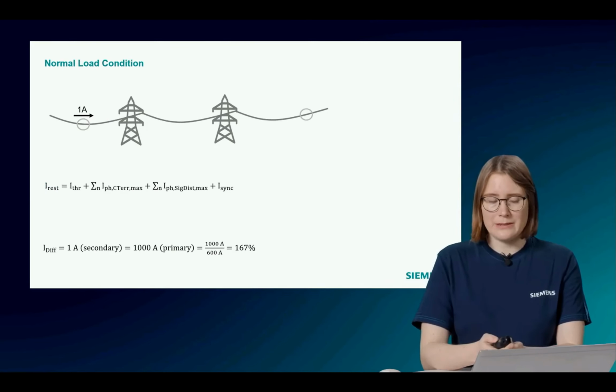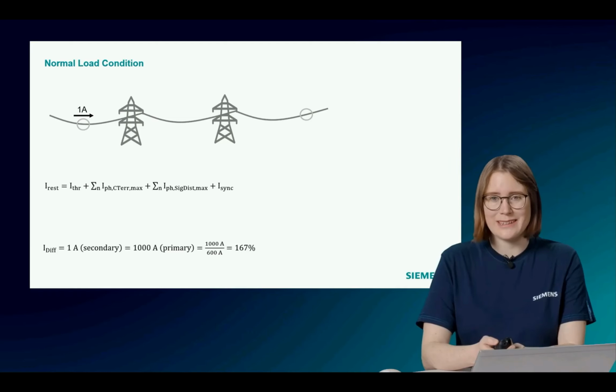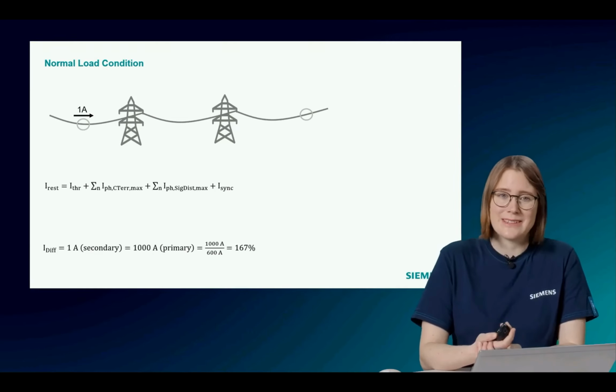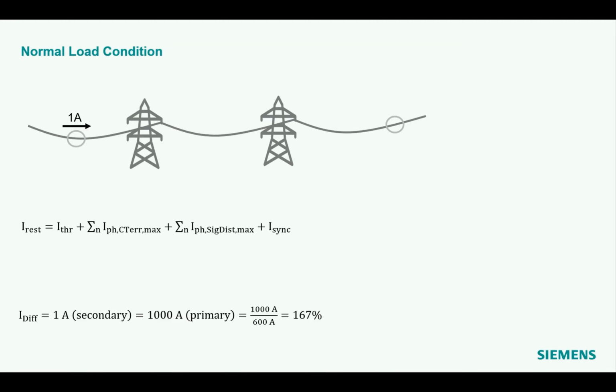And here we'll also do a little example calculation so that you understand what I mean. What I will do now is switch on the test modes of one of the two devices and inject 1 amp to this device. Here you see again the formula to calculate the restraint current and the formula to calculate the differential current. We start with the differential current. As I said, everything that I inject locally will be immediately seen as differential current.